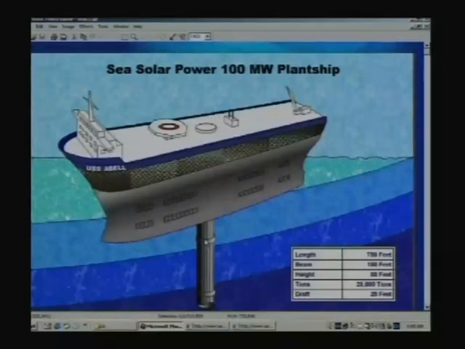Now, in this case it is a very large ship that was designed for working in the United States on the southern coast, about a 100 megawatt plant ship. The length is 750 feet.